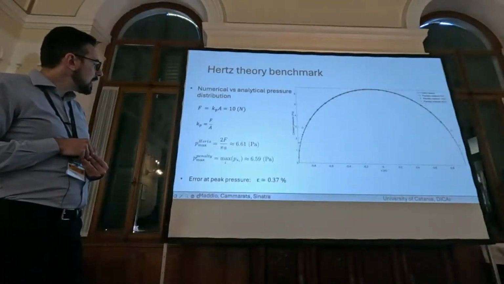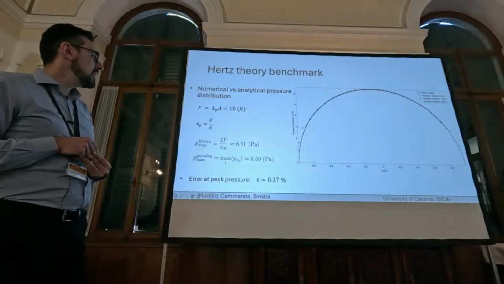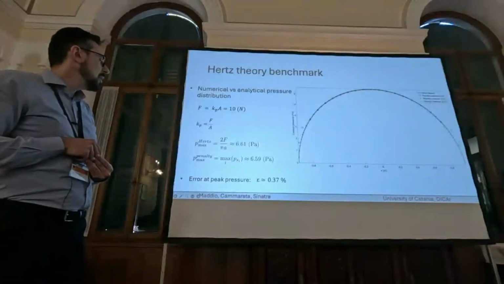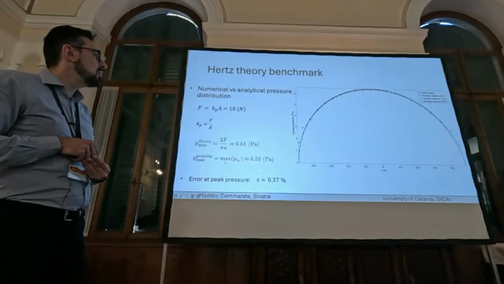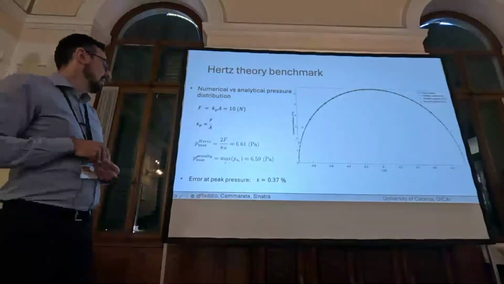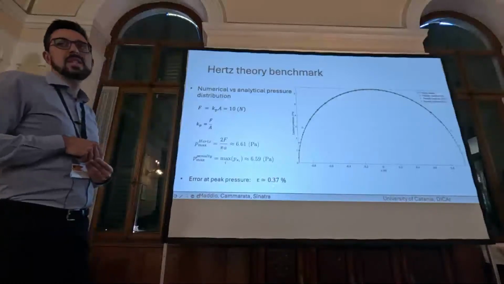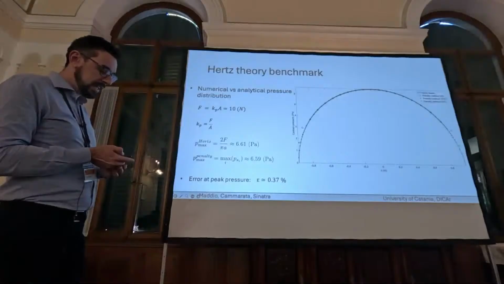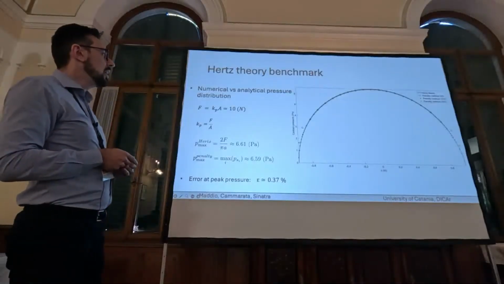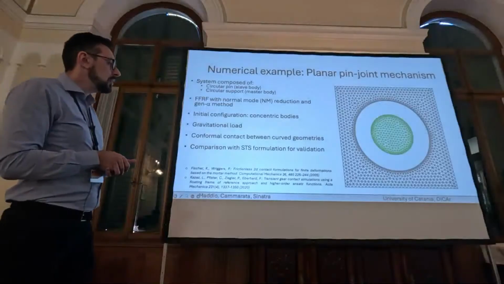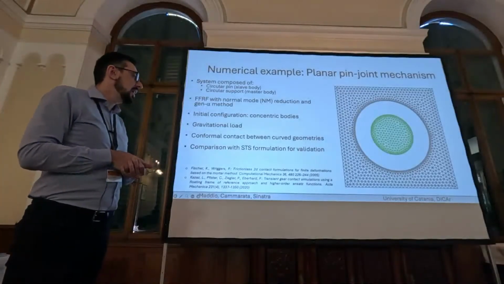The one given by the formula of Hertz theory is approximately 6.61 Pascal, and by extracting the maximum value of our method, we have an error of about 0.37%, confirming the good method.